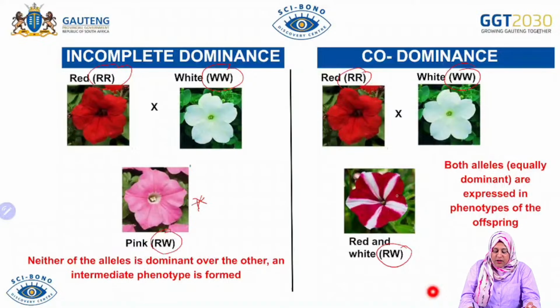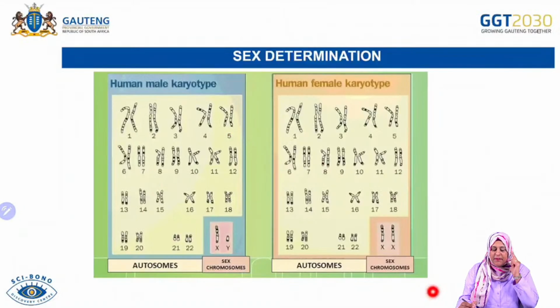So you can see the red and white flower here, and this is codominant. And as an example, you may get a black dog and a white dog, and you'll get a spotted dog like the Dalmatian, and that is also codominant. And majority of the time you get questions in relation to codominance, and you find them when we do blood groups. So we're going to do that just now, so have a mental note of that.